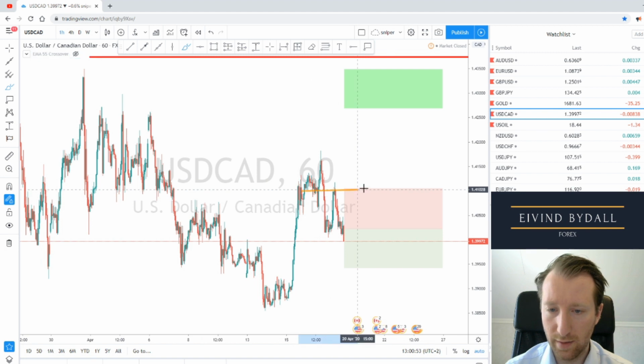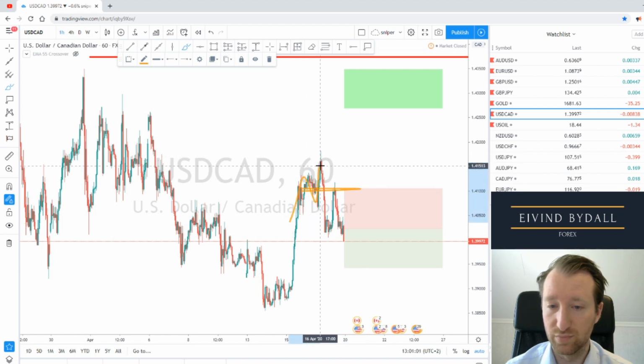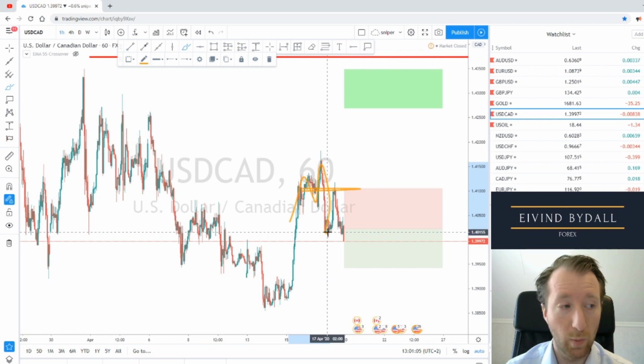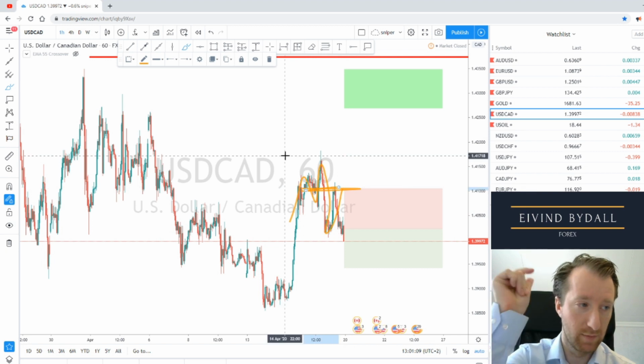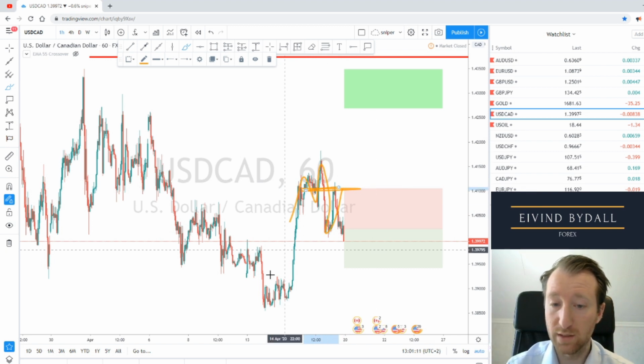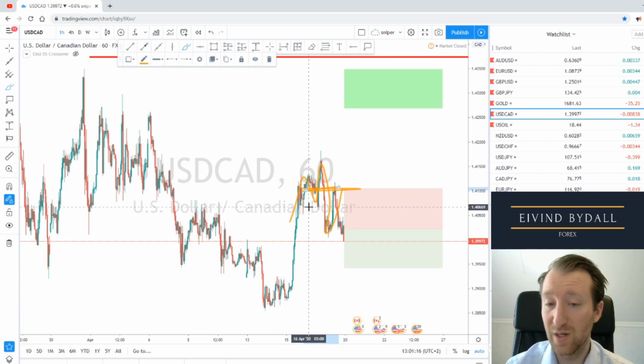Sellers, that's your entry without a doubt. You have your range, double bottom, double top, triple top, lower low. Interesting, very important. Pullback, ready to go. But you're selling in potentially a new bullish trend.